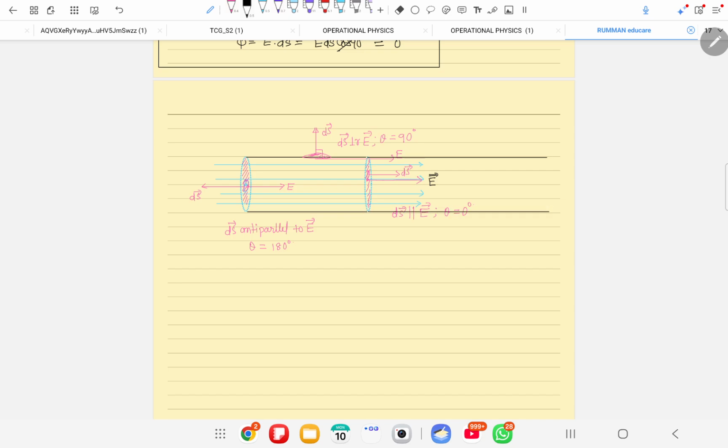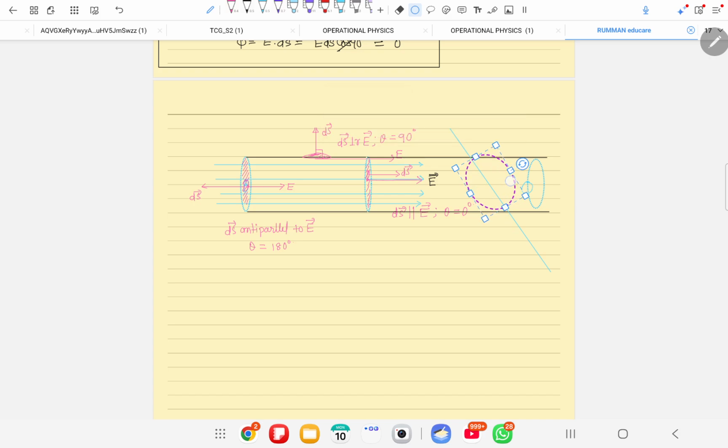Suppose I would like to section this cylinder in an inclined manner, so I cut it in an inclined plane. The area vector in this case will be something like this.